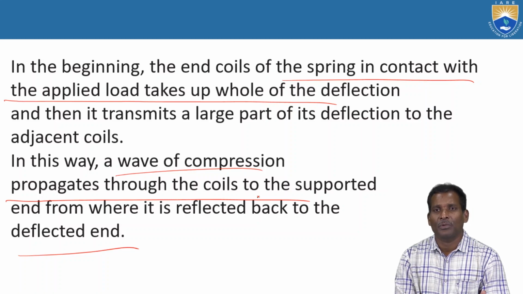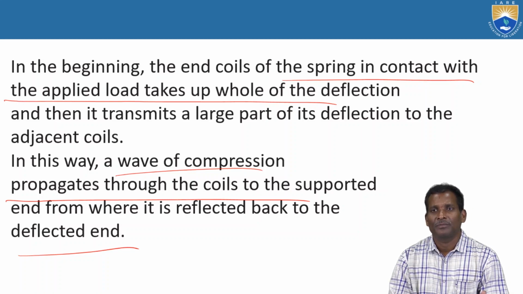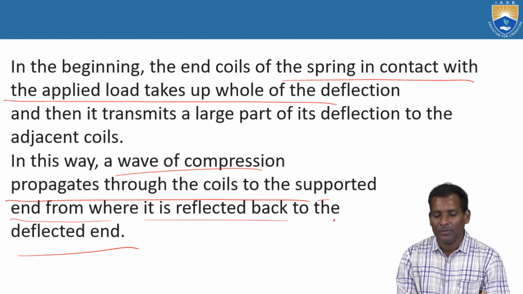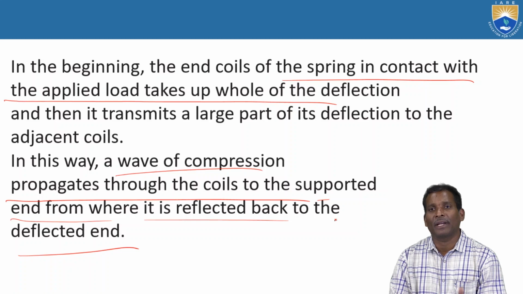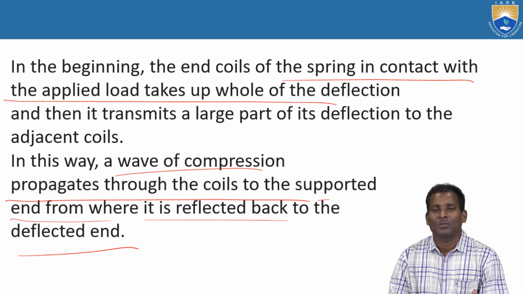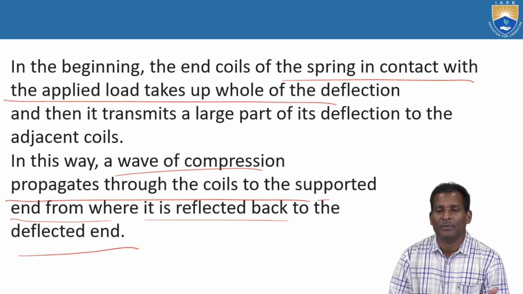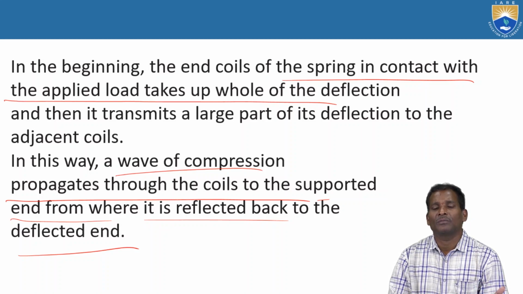After that, the compression wave propagates from the supported end to the deflected end. Due to this wave, some deformation and failures will occur if it continues like this. If the wavelength of the propagation is very large, then the spring may fail.